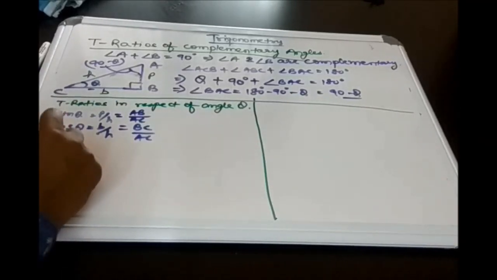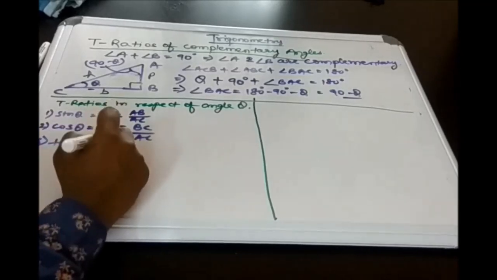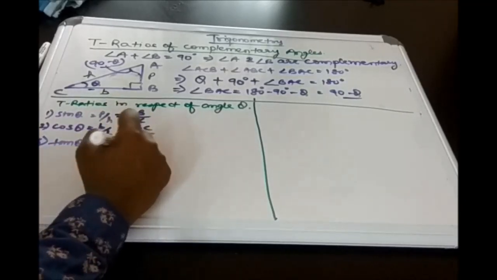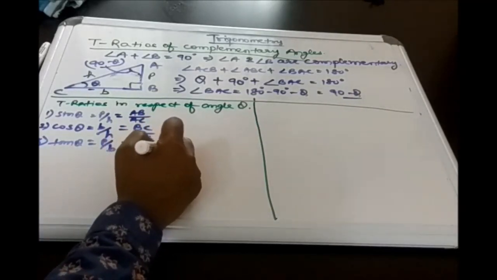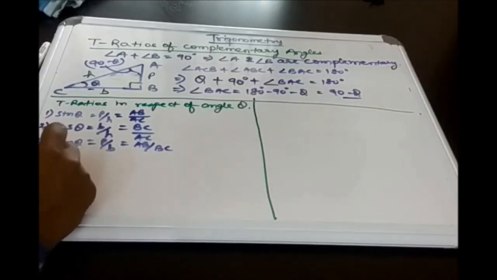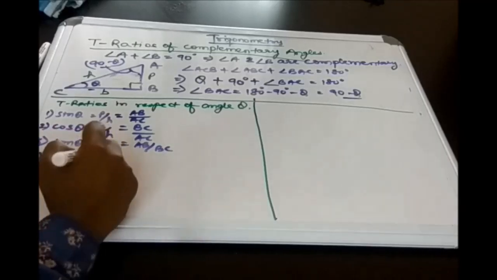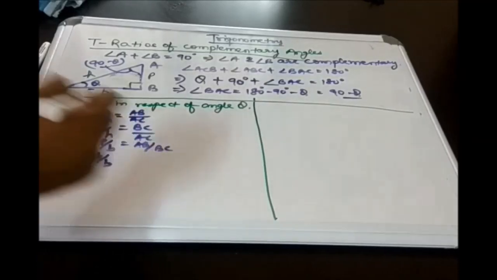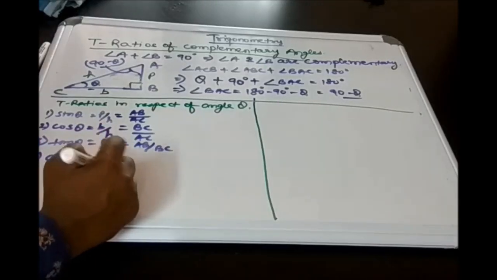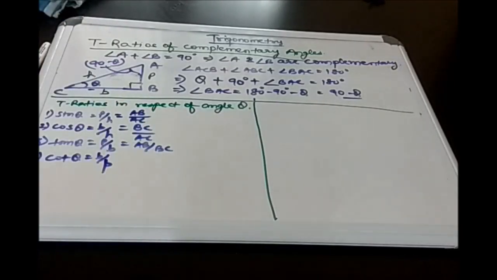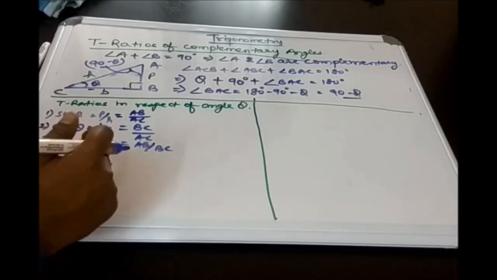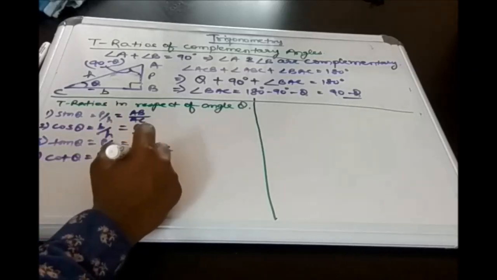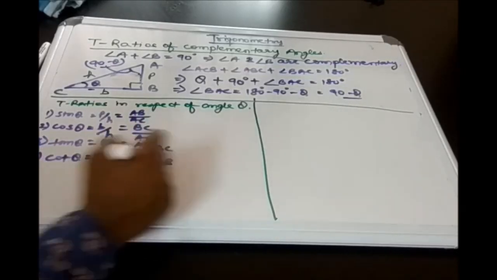Third is tan theta, that is perpendicular by base, that is AB by BC. Fourth is cot theta. Cot theta is base by perpendicular, but now we have learned the trigonometric ratios relation. So cot theta is also 1 by tan theta. So 1 by tan theta is base by perpendicular, that is BC by AB.